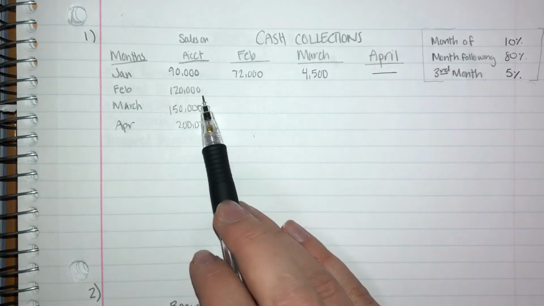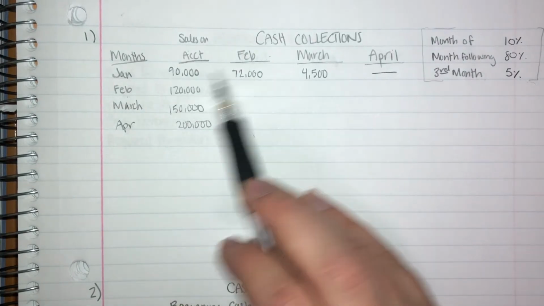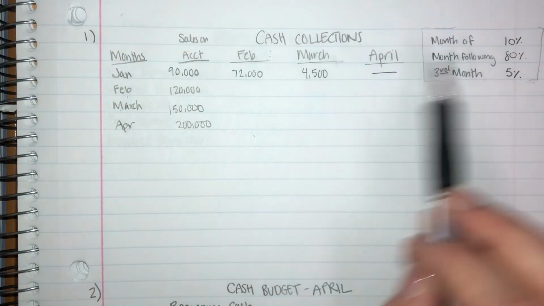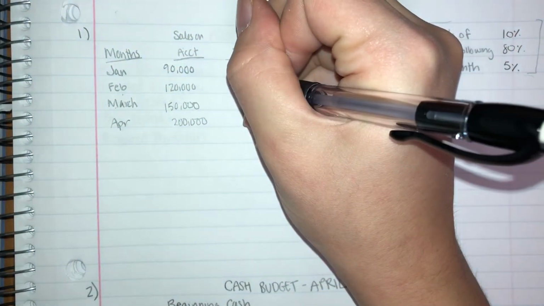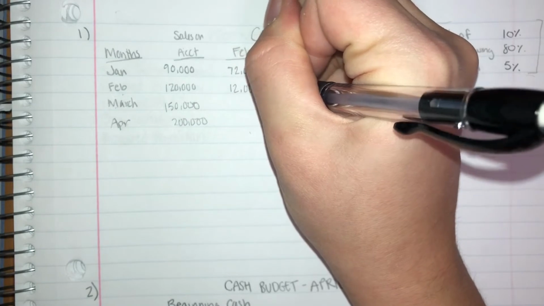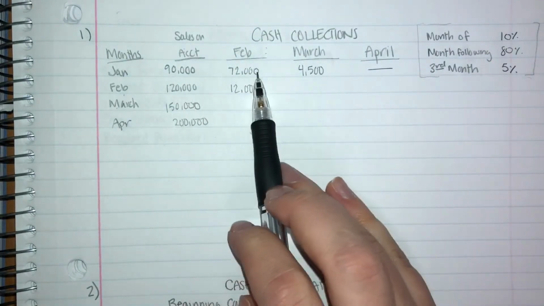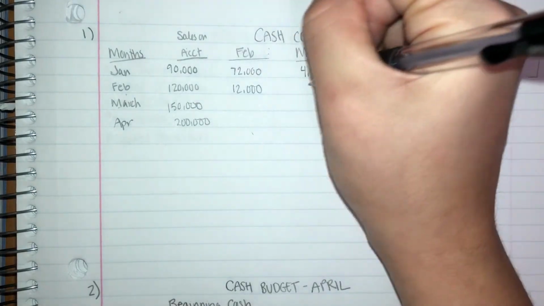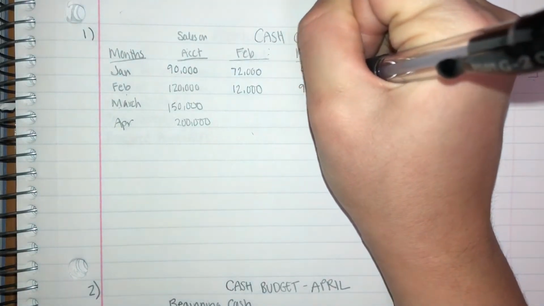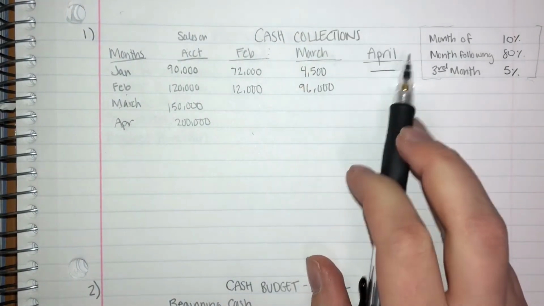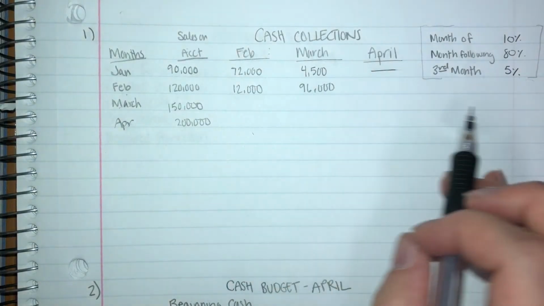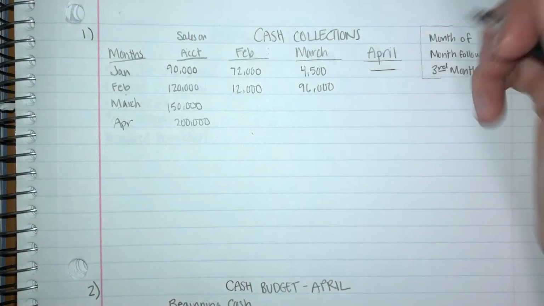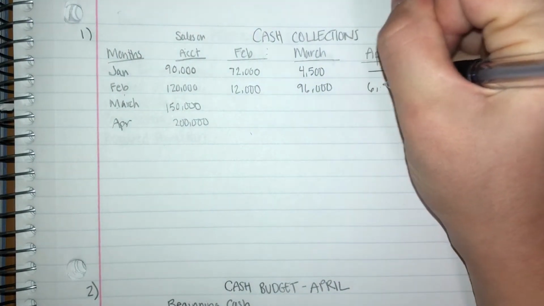Now for February, these two match, so that means that this would be the month of. That would be 10% of 120,000, so that's 12,000. And then March, following that same pattern, 80% times 120, that's going to give us 96,000. And then April, same pattern, that's the third month, so that's going to be our 5%, 5% times 120, and that gives us 6,000.